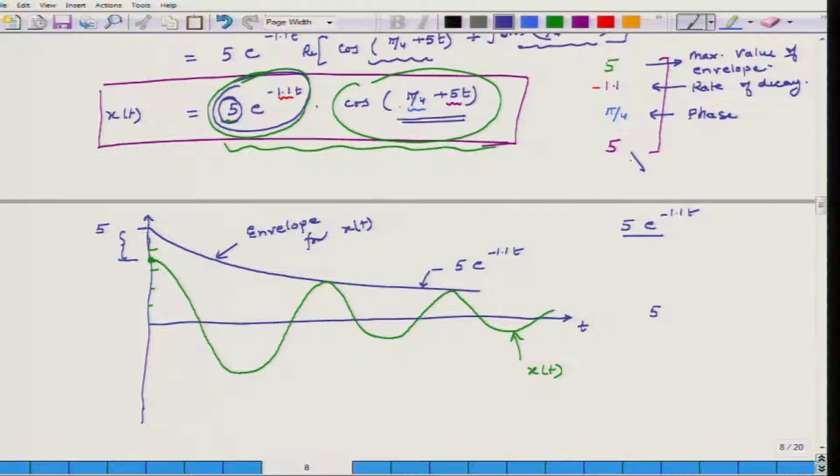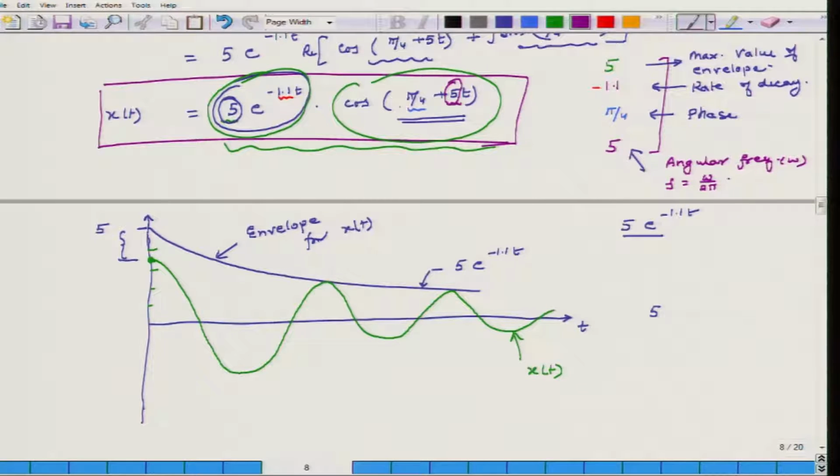And the last term, this purple 5 which is this guy, this 5 represents angular frequency, or omega. So, f is what? Omega over 2 pi.